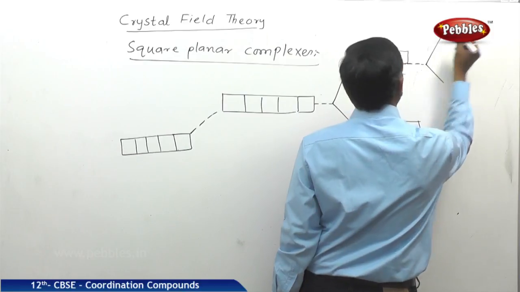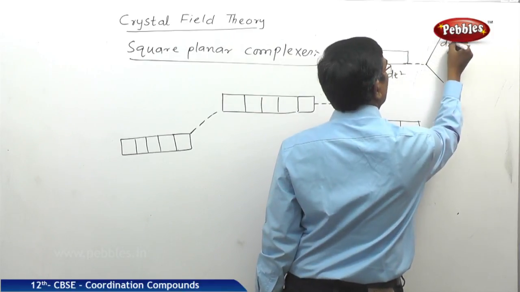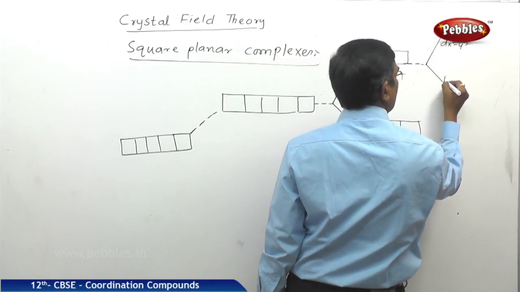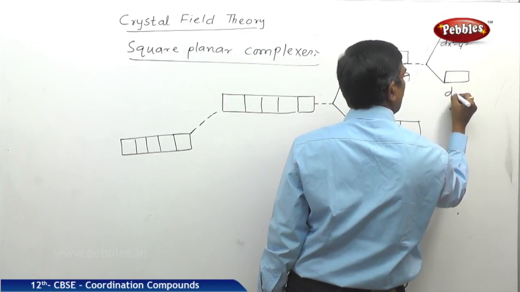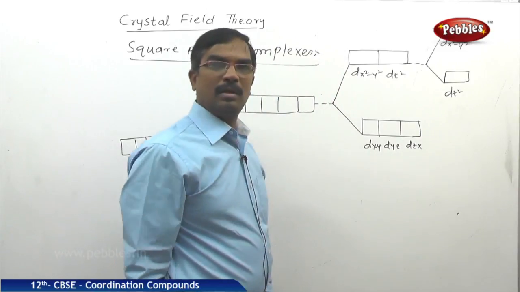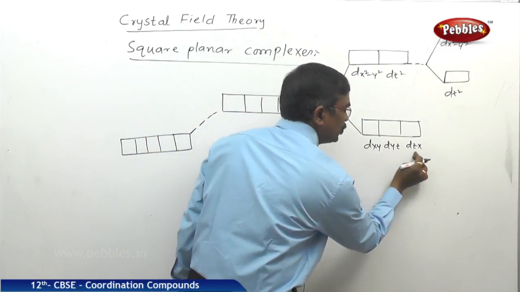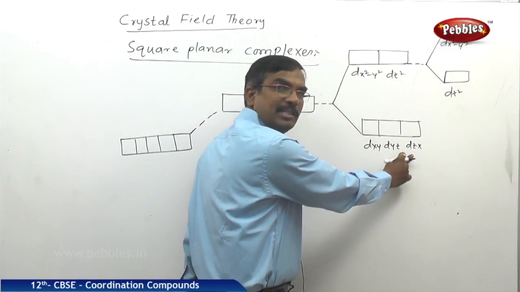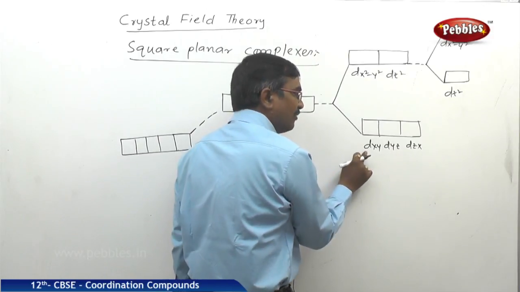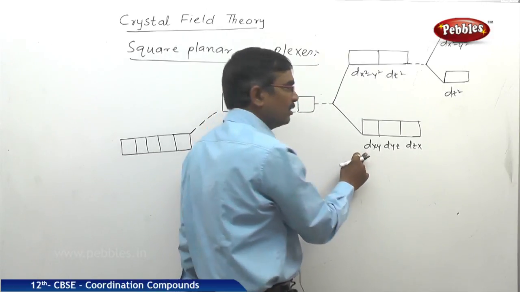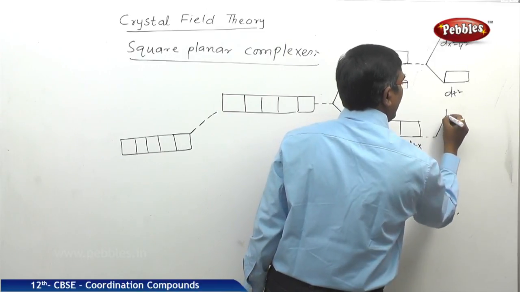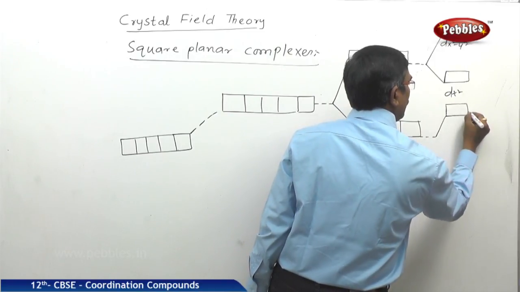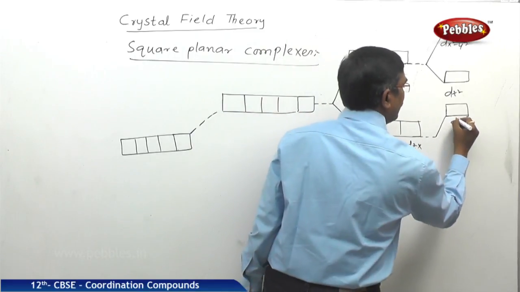This will be dx square minus y square. This will be dz square. And here, these two will have less interference with the corresponding ligand. This is having more interference. That's why there occurs again splitting here, and this will be dxy.